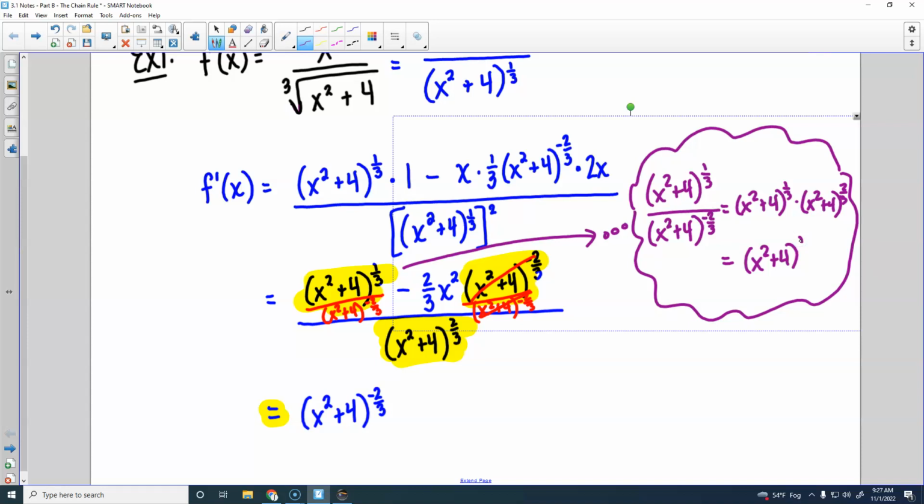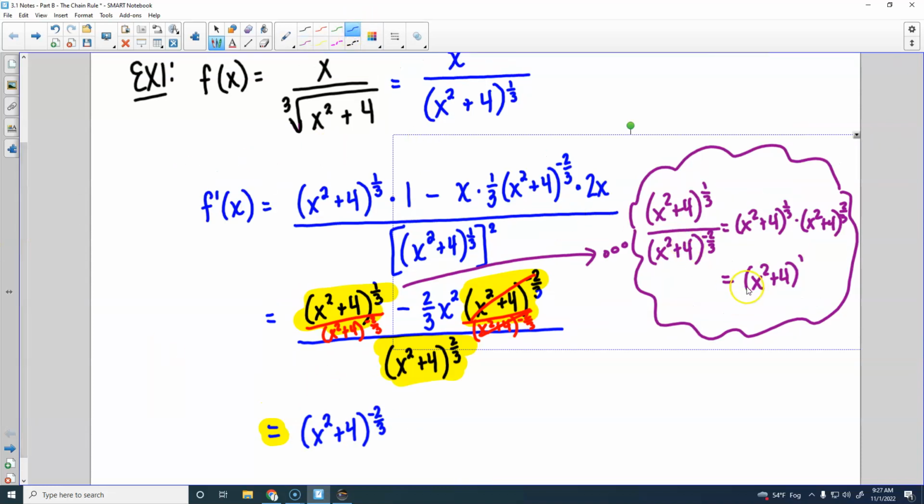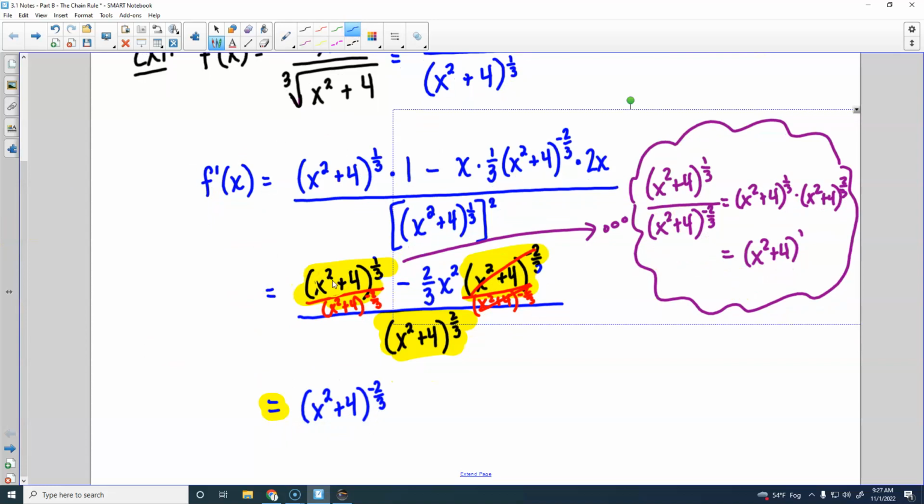This is going to happen every time, where this is going to be a whole number exponent whenever you do this. So all this thinking over here was just to explain why x squared plus 4 to the 1/3, when we pull out a negative 2/3, is going to leave us with x squared plus 4.